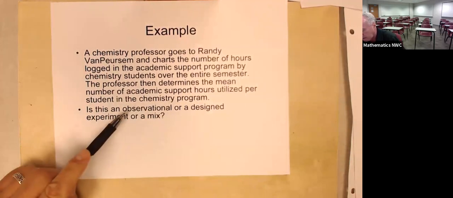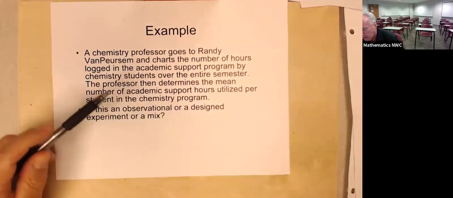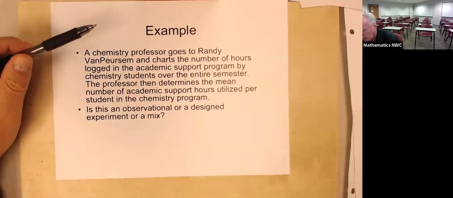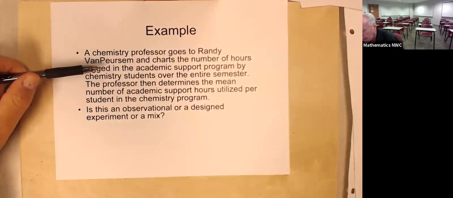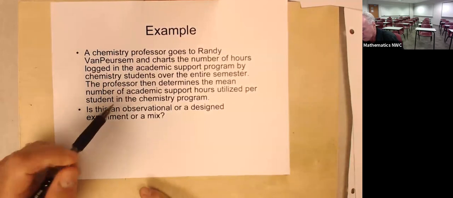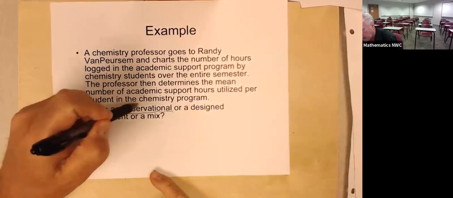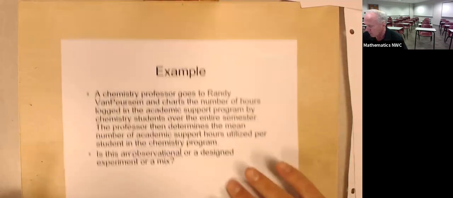Is it designed, or is it a mix? Well, in this particular case, the chemistry professor did not predetermine who gets the academic support. The professor just went and observed who went in and got it. Consequently, this one would have been observational.